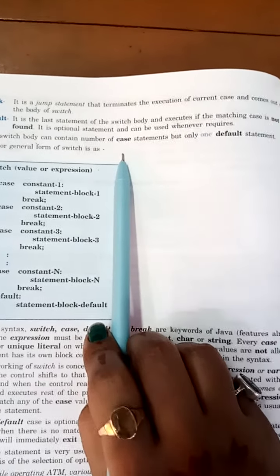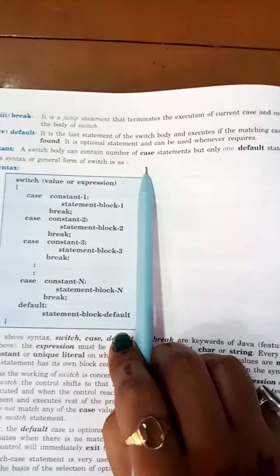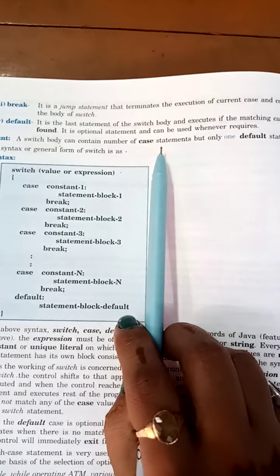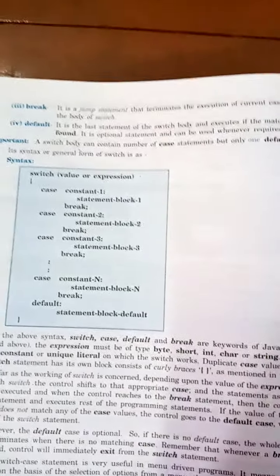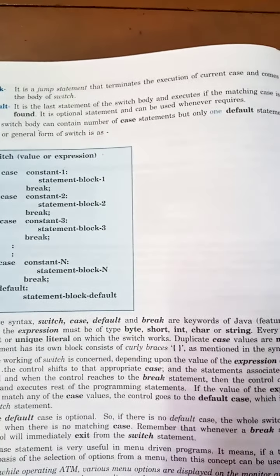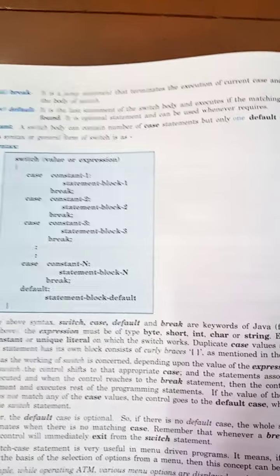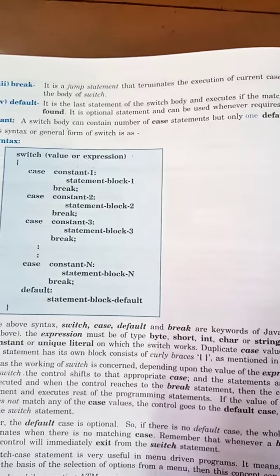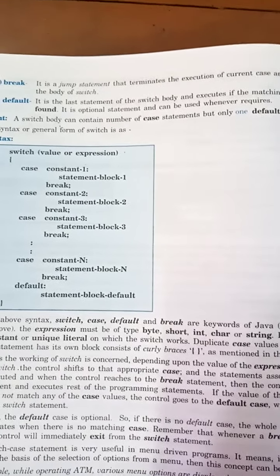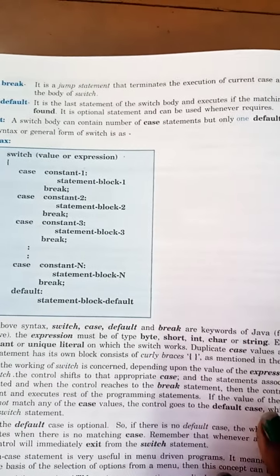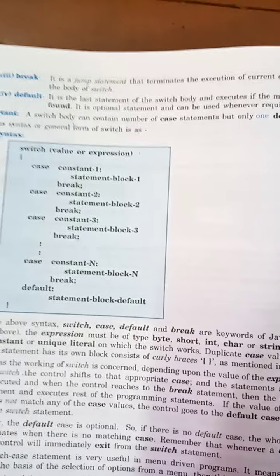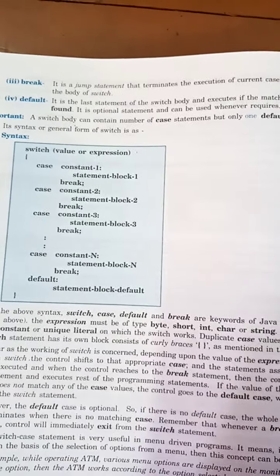So what is the purpose of the default statement? If none of the cases match, then the control goes to the default statement. And if you do not write a default statement and no case is matched, then nothing will happen.